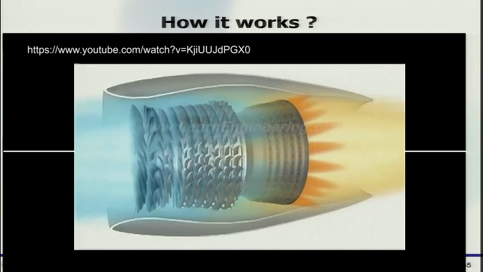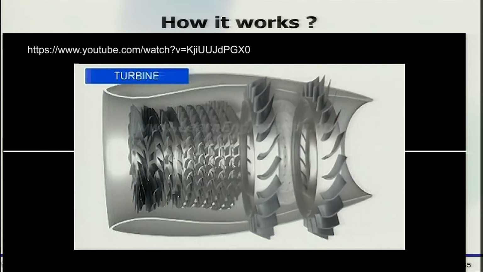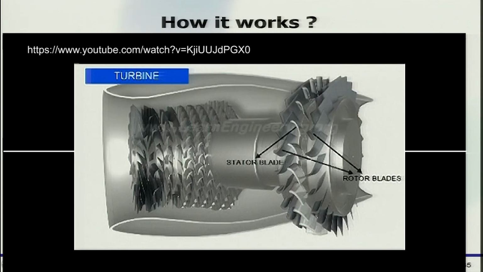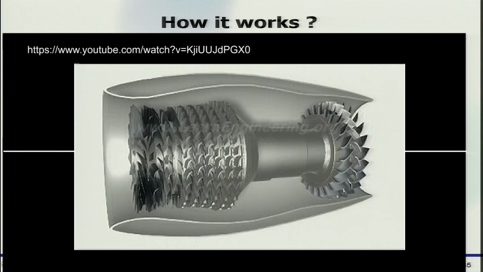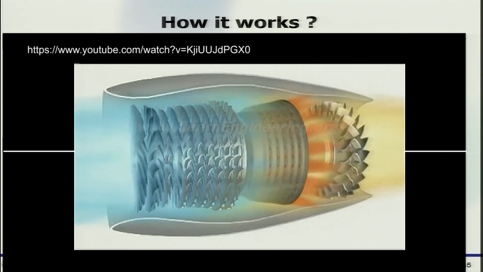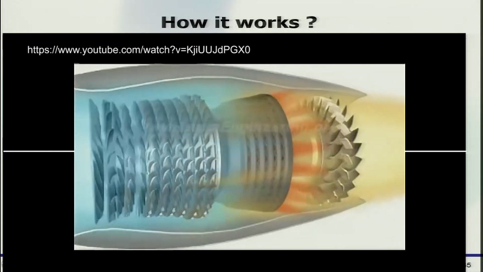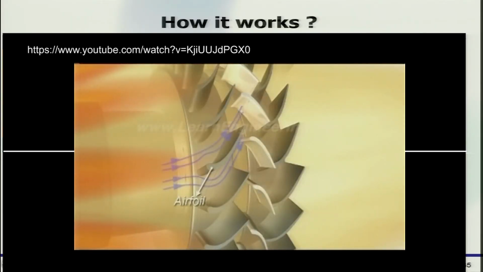The compressor receives the energy for the rotation from a turbine, which is placed right after the combustion chamber. The compressor and turbine are attached to the same shaft. The high energy fluid that leaves the chamber makes the turbine blades turn. You can see that the turbine blades have a special airfoil shape, which creates lift force and make them turn.